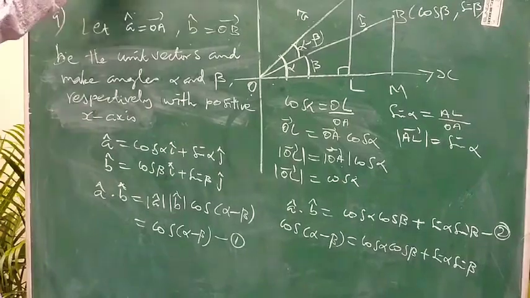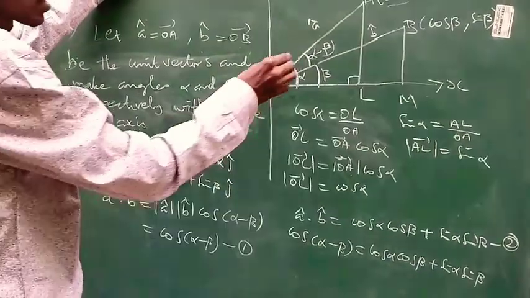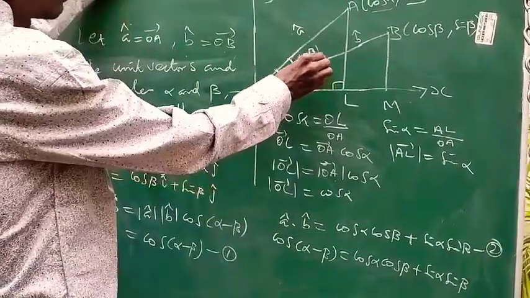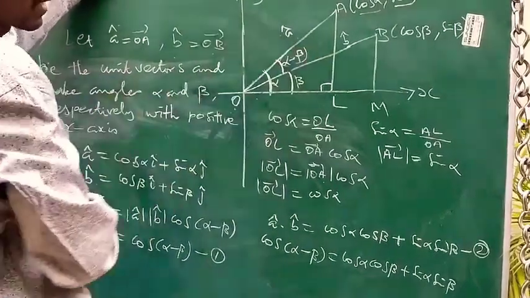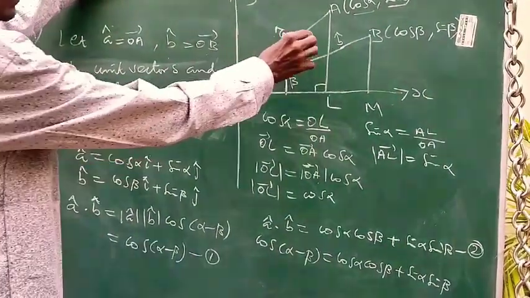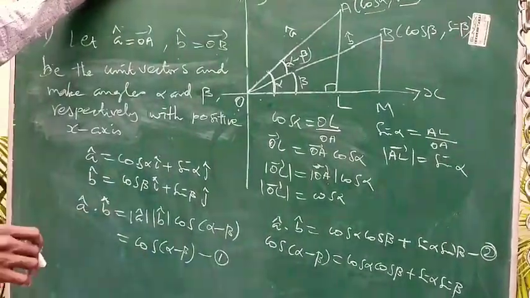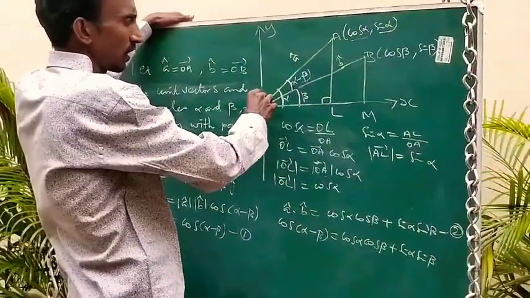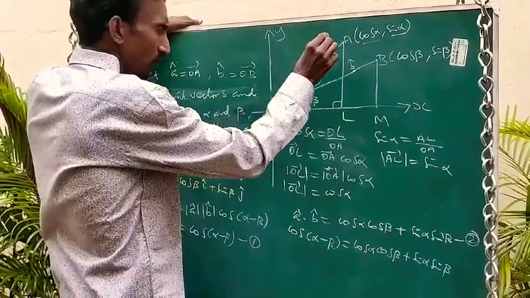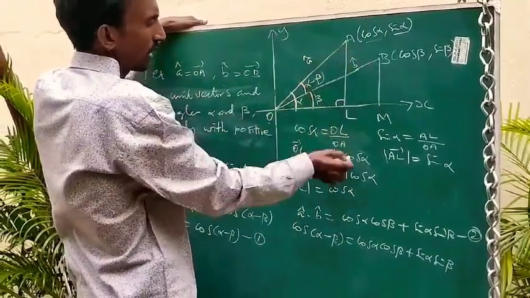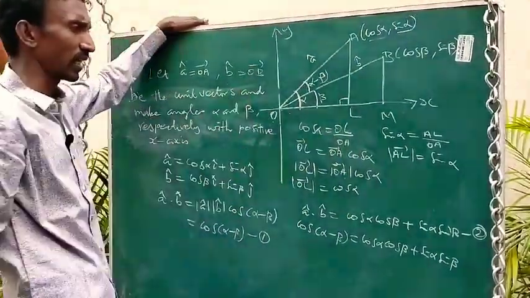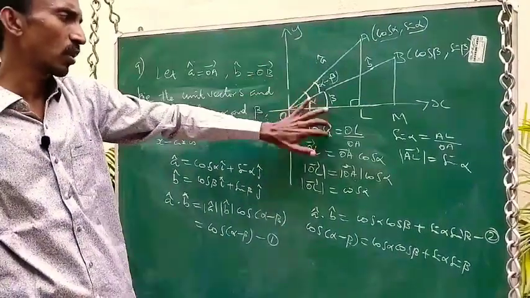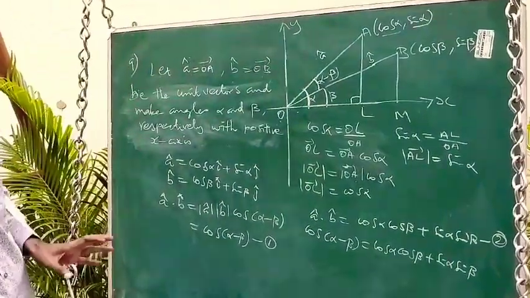Alpha minus beta means consider both on the positive side of the x axis, or better in the first quadrant. Alpha plus beta means take the first vector OB in the first quadrant and OA in the fourth quadrant, or vice versa. We can get the answer easily.